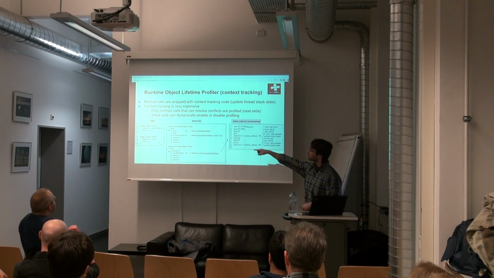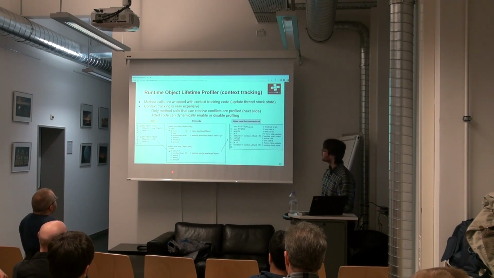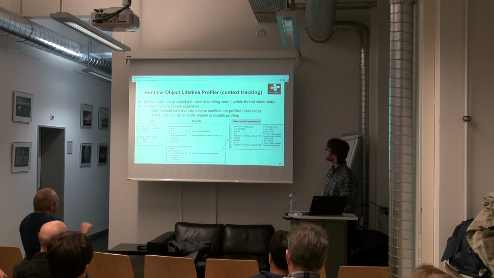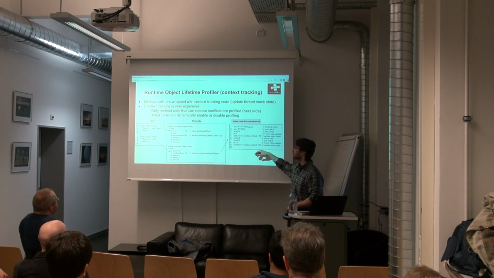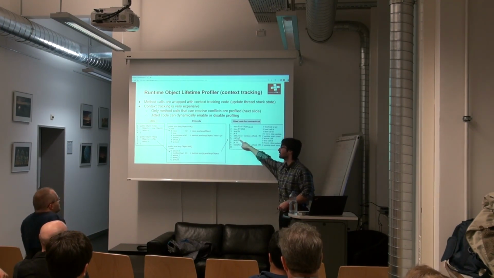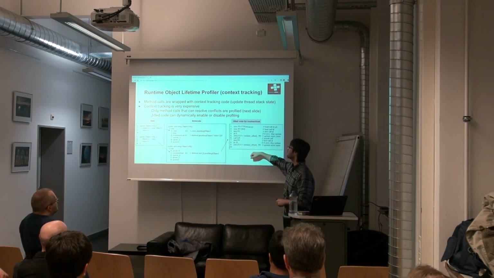We have, for example, a method B that is being called. This is translated into this invoke virtual. This invoke virtual is going to be compiled by the JIT into this amount of assembly instructions. Actually, if we don't have any of our project, if ROLP is not running, we only have this call here, so it's really optimized.